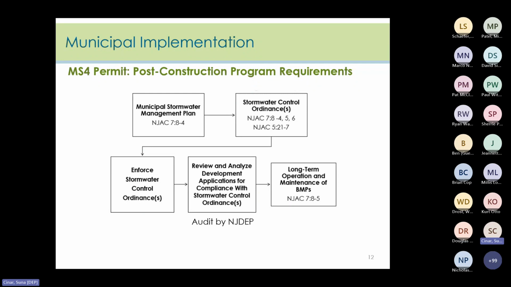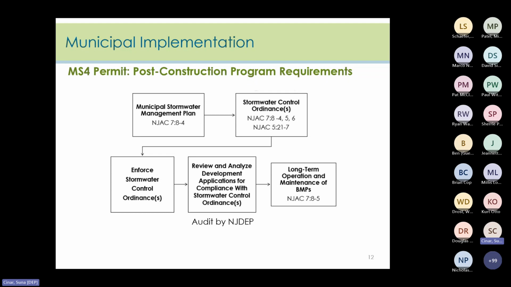In the case of the most recent 7:8 amendments adopted on July 17 of 2023, the municipalities will have 1 year to adopt and make effective an SCO that is in accordance with those same rule amendments. This will be covered in Module 4.